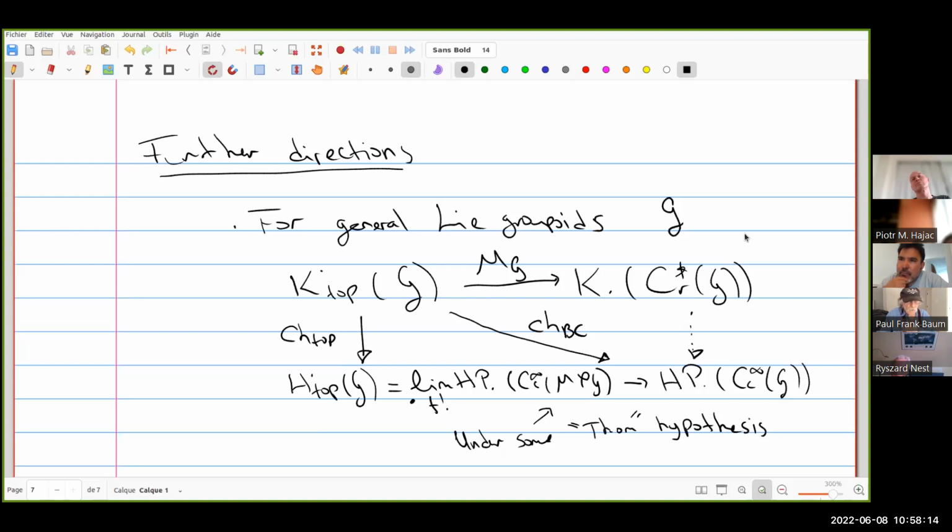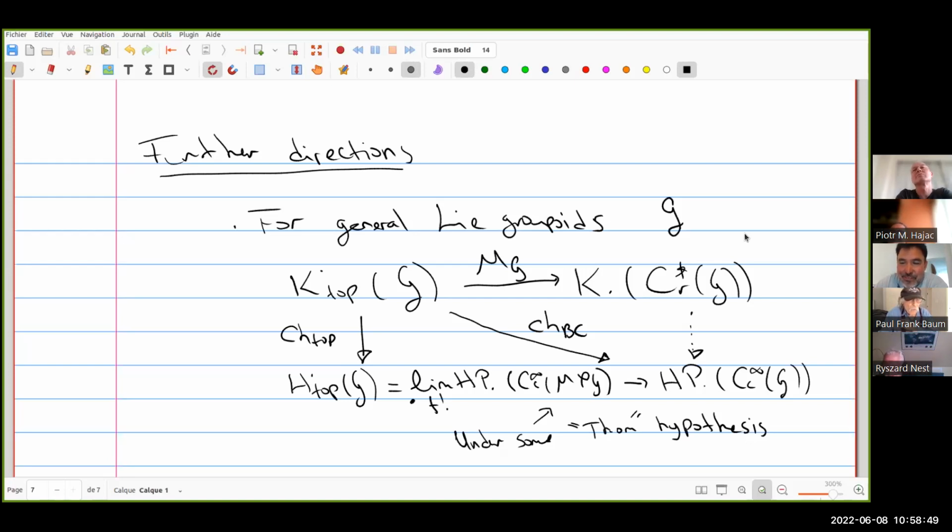Kasparov also holds for p-adic groups, as long as pi1 is finite, which is quite a different universe from Nigel's constructions. But p-adic groups is a whole new and very interesting world that we should all, in my opinion anyway, pay attention to.